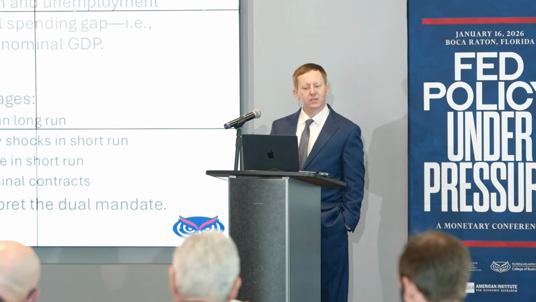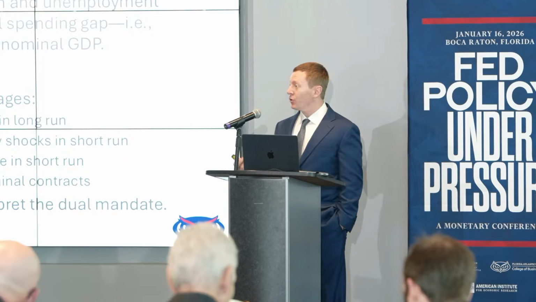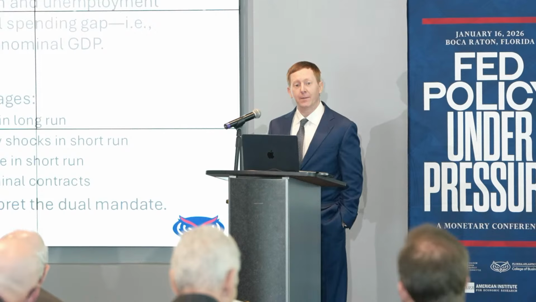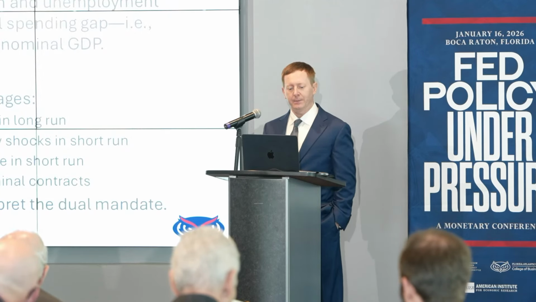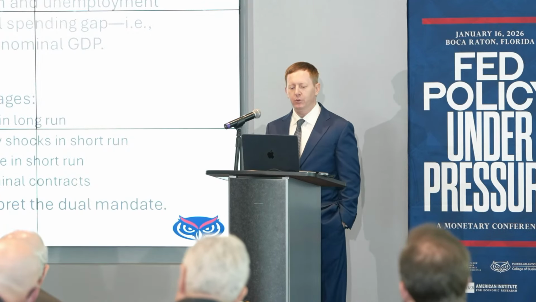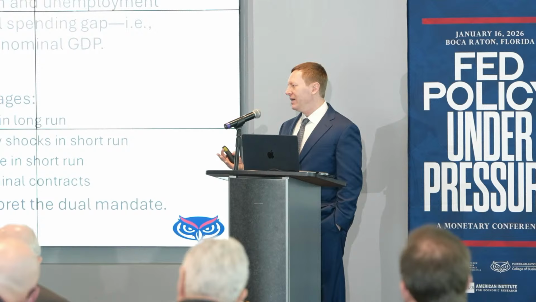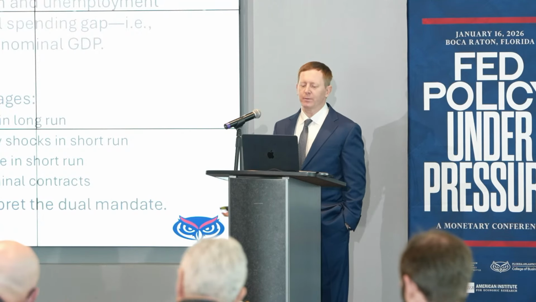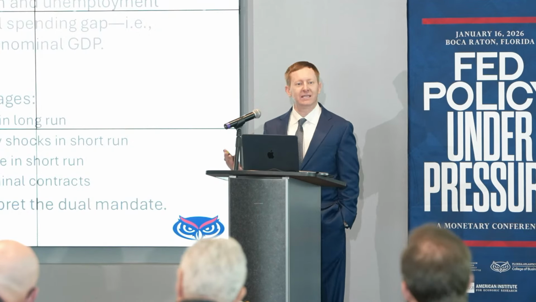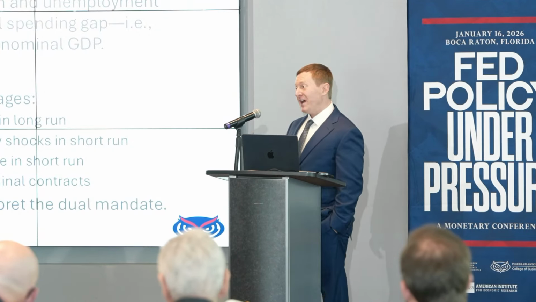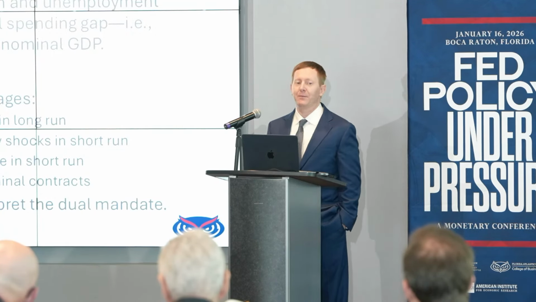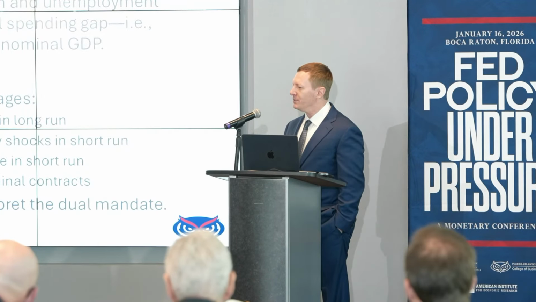It lets inflation reflect temporary productivity shocks, because inflation and real GDP growth necessarily move in opposite directions if you're hitting your nominal spending target. It keeps the unemployment rate at the natural rate of unemployment. And it also has this financial markets effect where it tends to distribute windfalls more equitably in nominal contracts. So when it comes to making sense of the mandate, I think the Fed could do a whole lot worse than thinking about achieving that mandate by targeting nominal GDP.